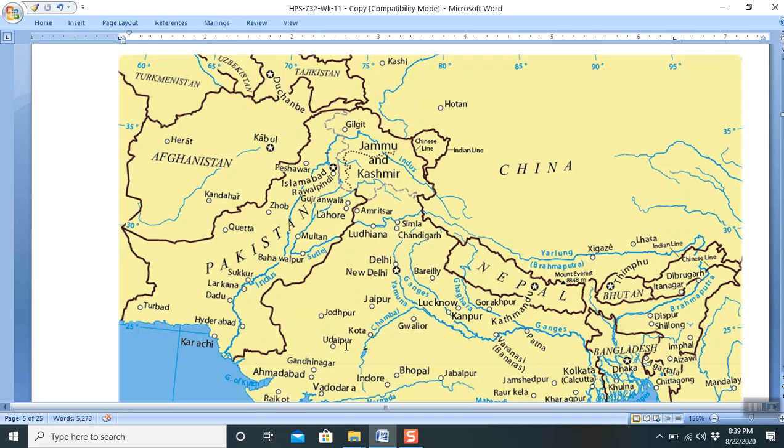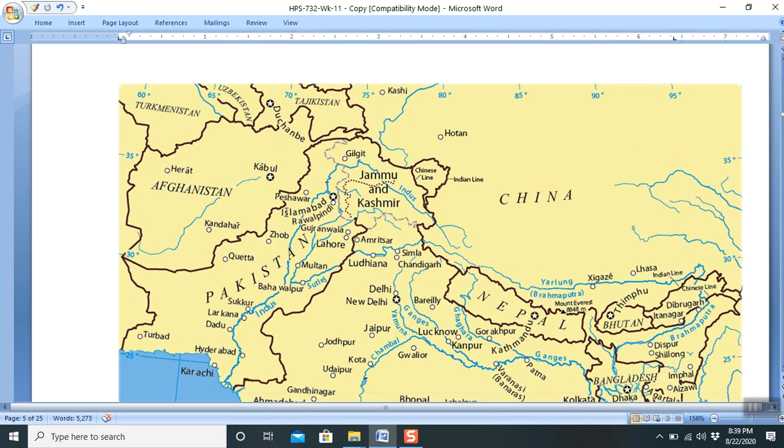Pakistan lies at 24.35 north to 37.05 north latitude and 61 east to 78 east longitude.